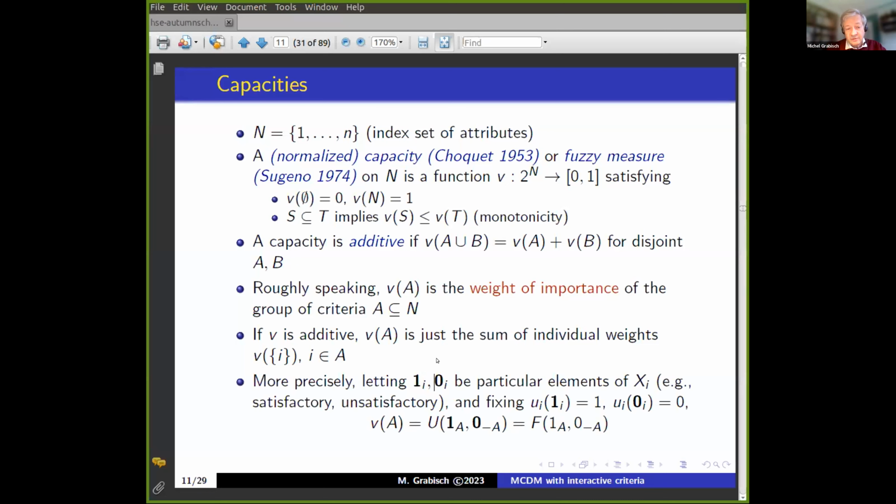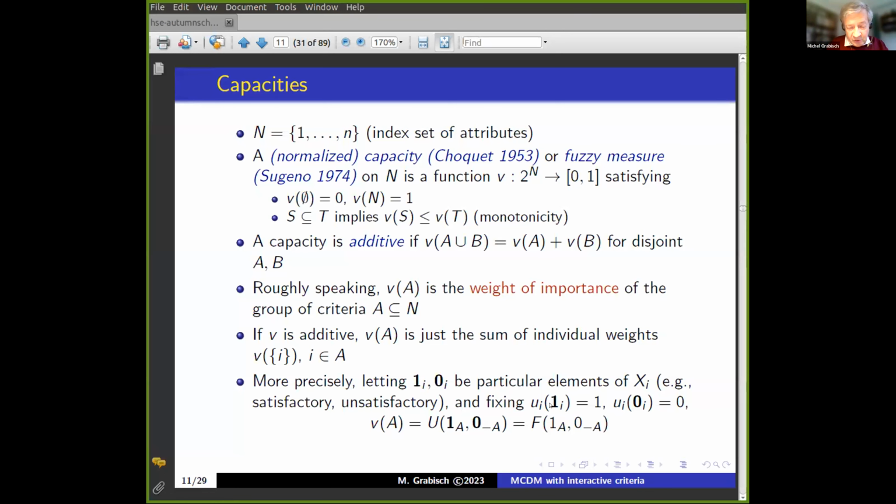But the meaning is important. The meaning attached to these two levels is that bold 1 represents a satisfactory level, something you are completely satisfied with, and 0 represents an unsatisfactory level, you are not ready to accept.